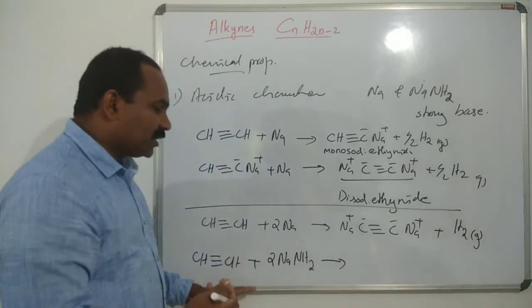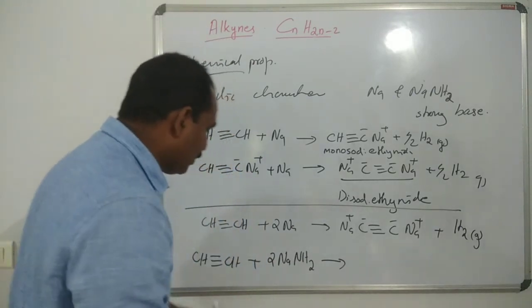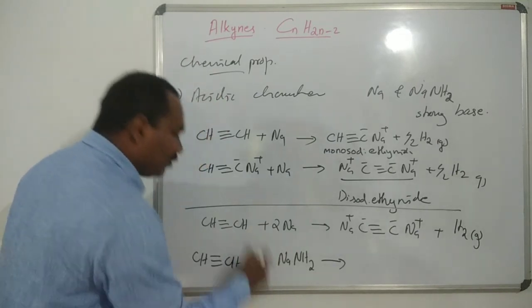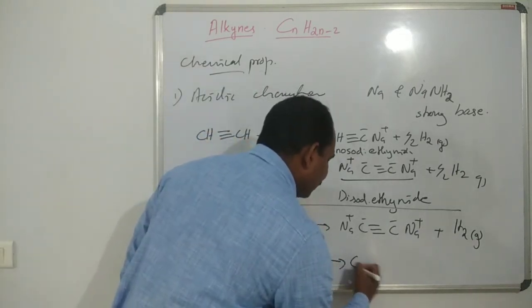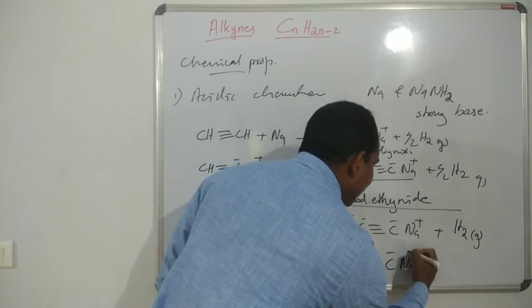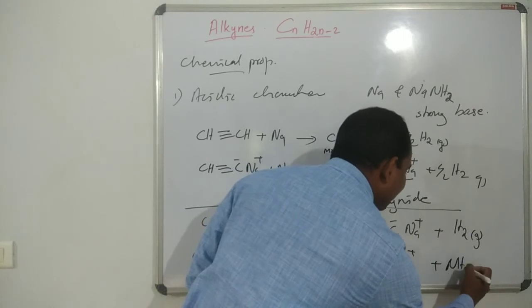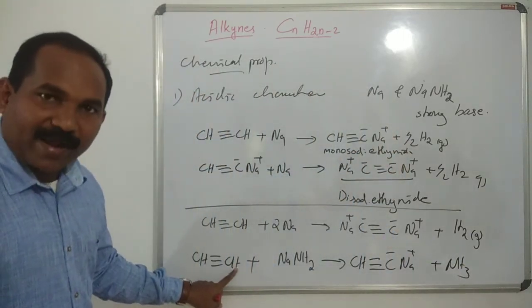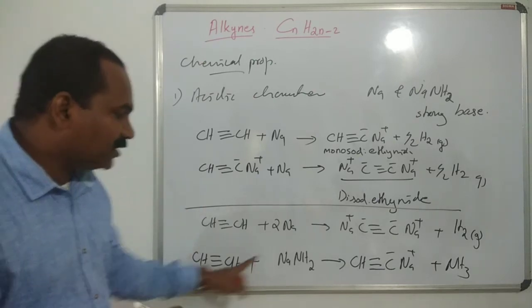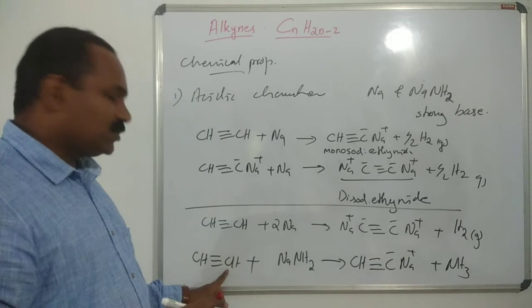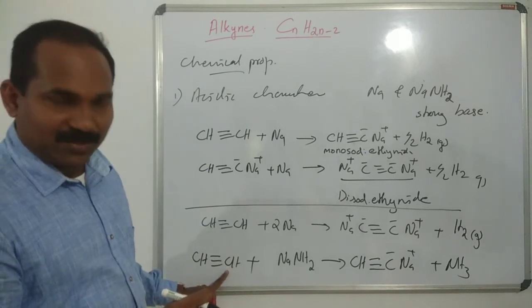So I write it in a single step, no need to write in 2 separate steps. Plus 1 sodium amide gives CH triple bond C minus Na plus NH3. The hydrogen is acidic in nature. That hydrogen combines with NH2 to become NH3 and sodium gets attached to the carbon.